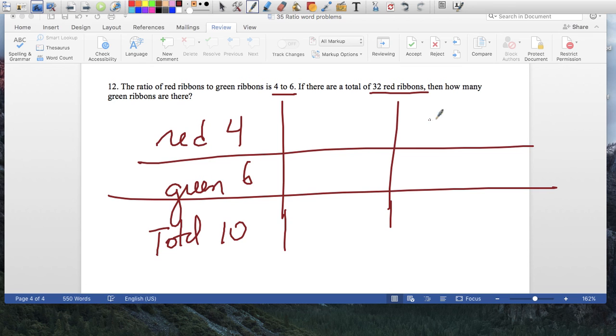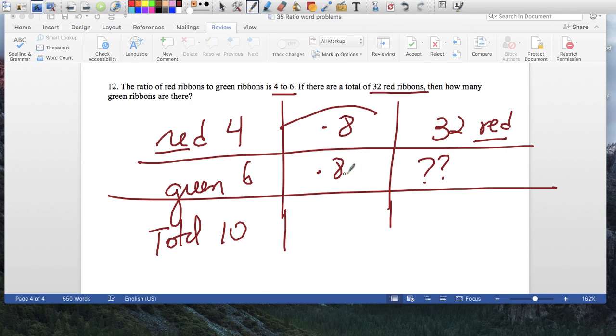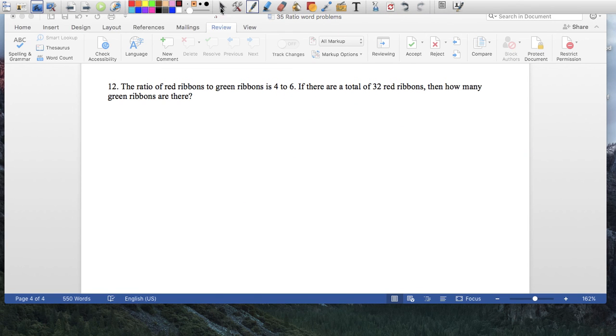Red goes over here, right? Red, red, and red. How many green are here? The multiplier is times 8. 6 times 8 is going to be 48 green. So it's going to have a total of 48 green. Okay. Pretty simple, right? And that's it.